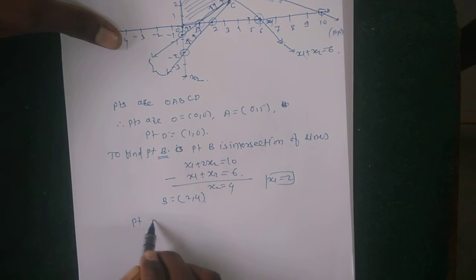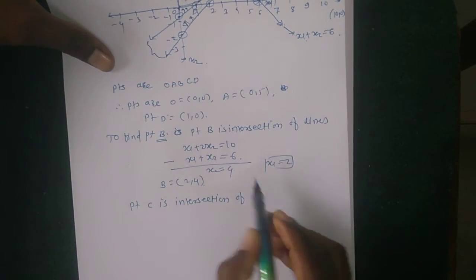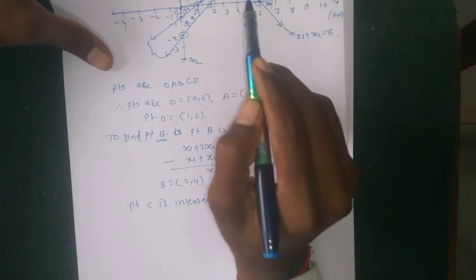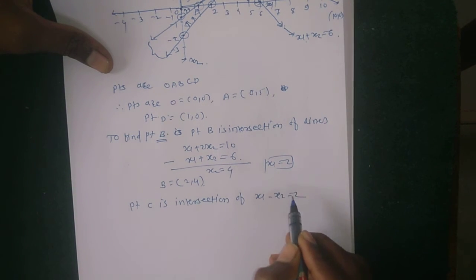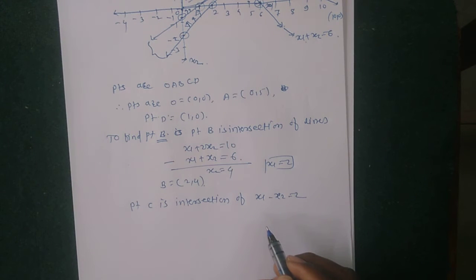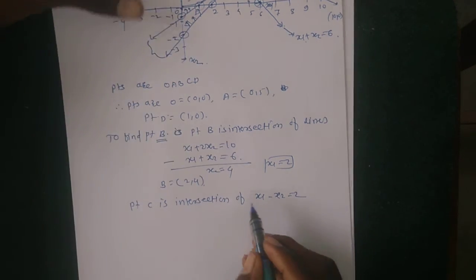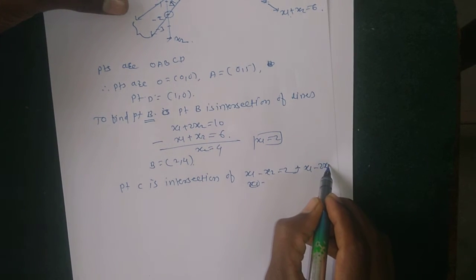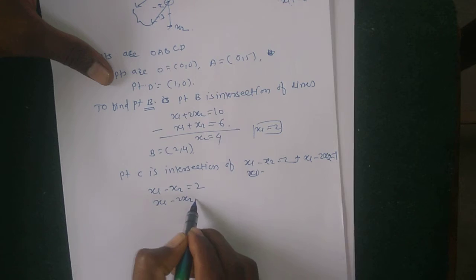Then point C is the intersection of two lines, x1 minus x2 is equal to 2, and x1 minus 2x2 is equal to 1.